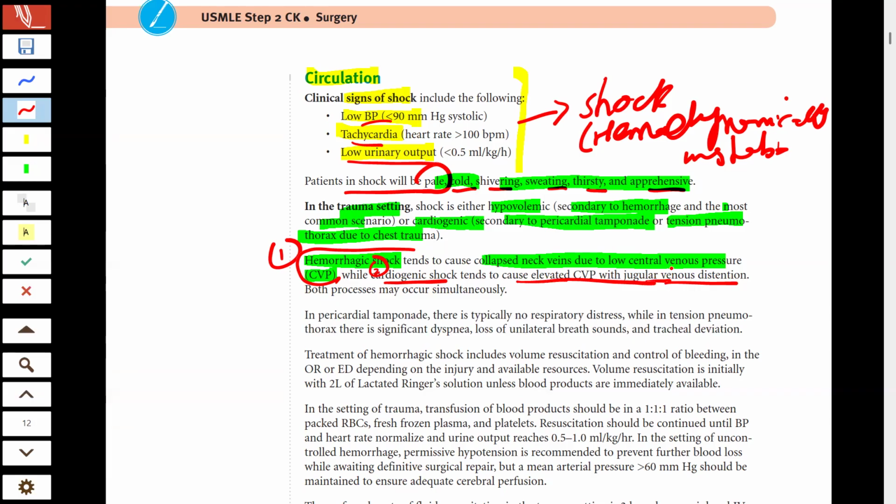In case of cardiac tamponade, there is an obstruction in the outflow tract, so the patient goes into shock. So in cardiogenic shock there will be elevated JVP.